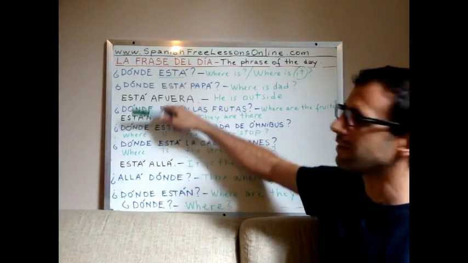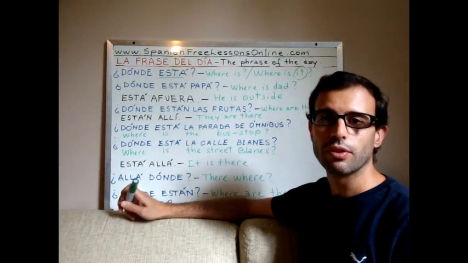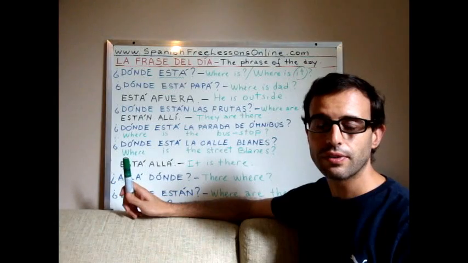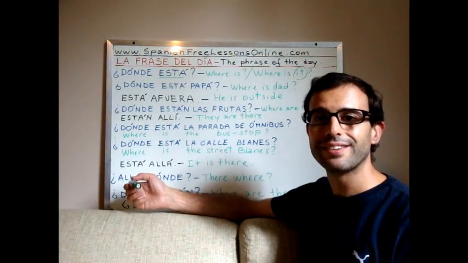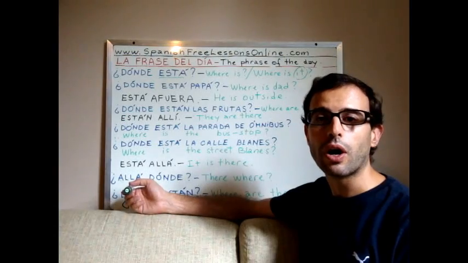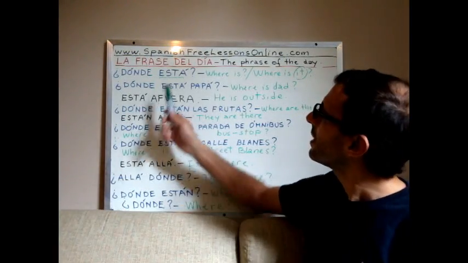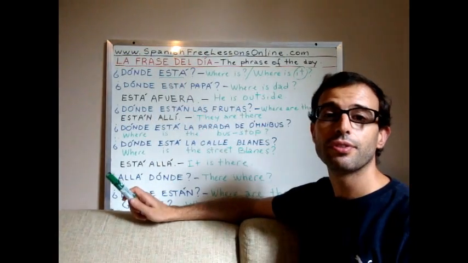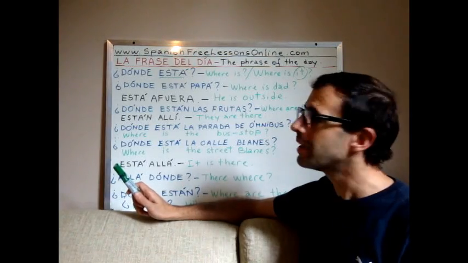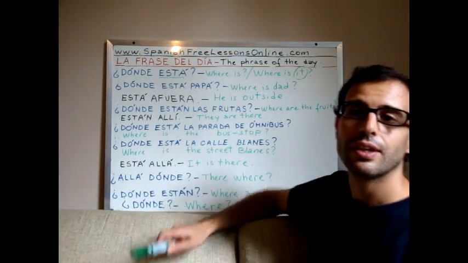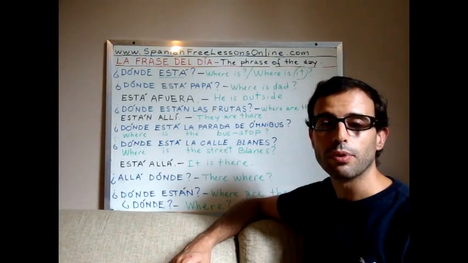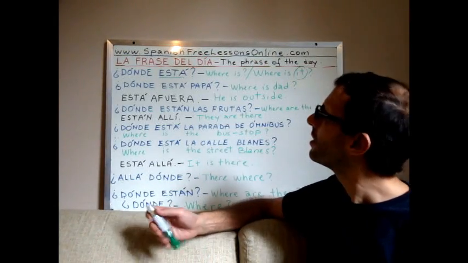Here we have several examples where we use the question phrase ¿Dónde está? Or ¿Dónde están? Which means where are they, right? Está is for the third person of the singular, and están, here with an N at the end, is for the third person of the plural, for they, right?